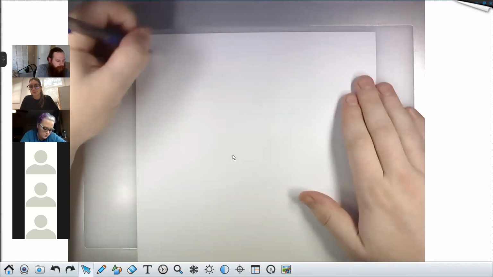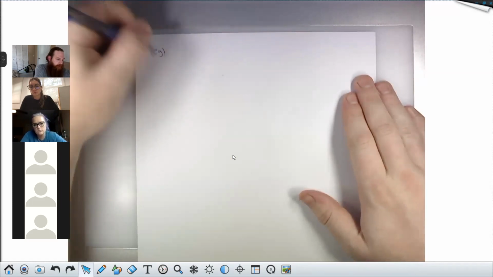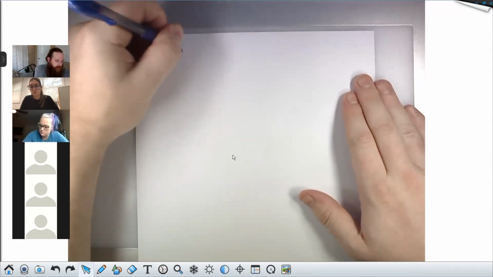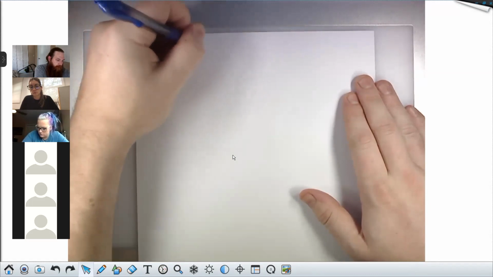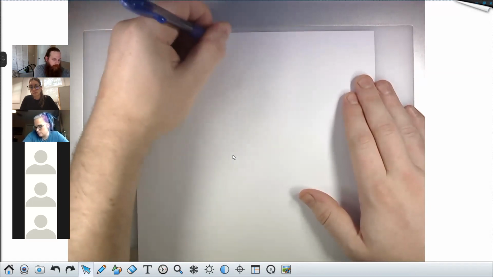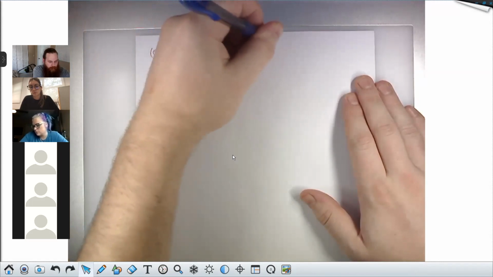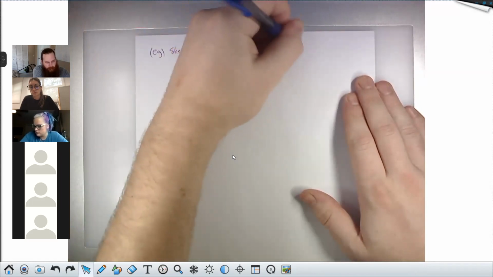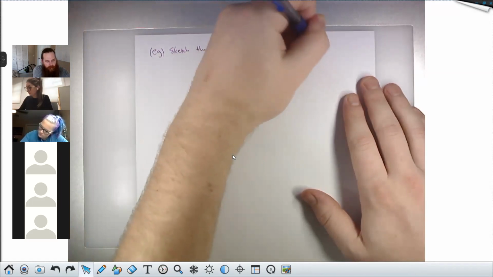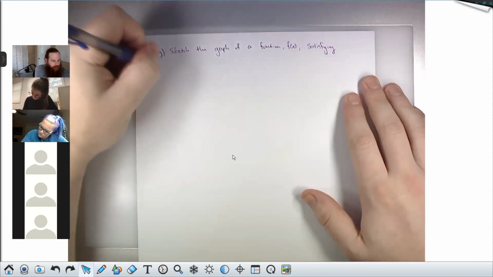So you could say, sketch the graph of a function, call it f of x, satisfying the following.